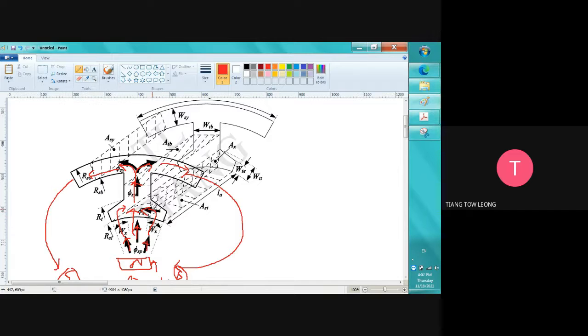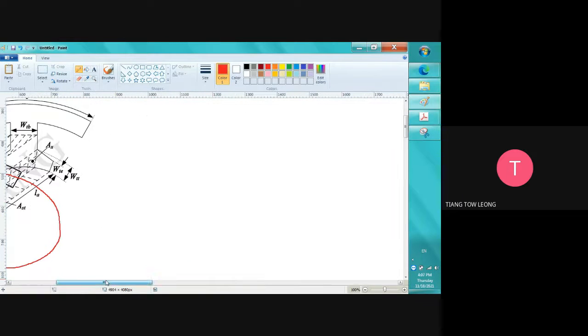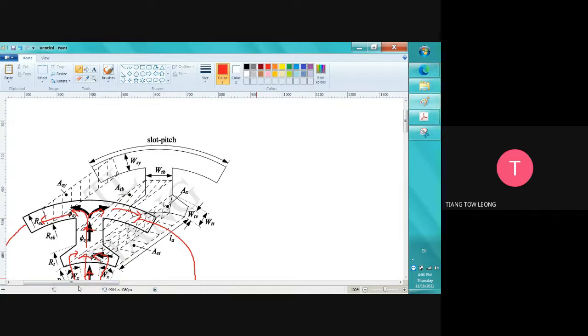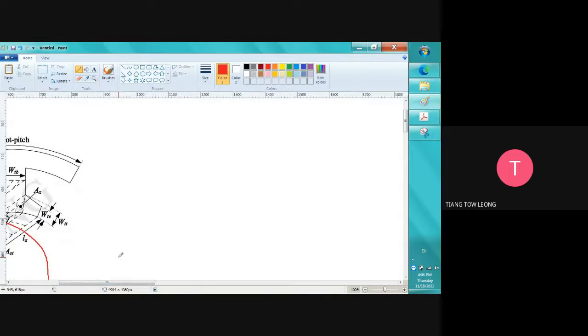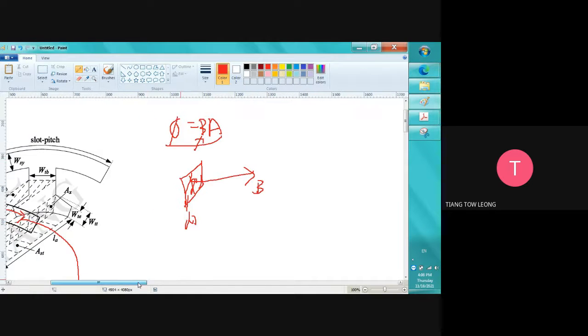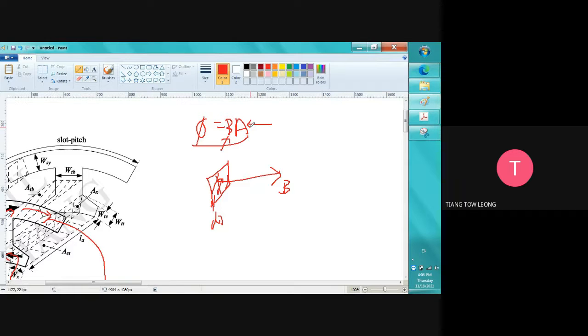Why do we say so? Because the flux, oh yeah, I forgot to introduce this. In this analytical modeling, we only use phi equals B times A. Remember that B must be 90 degrees to the area. Let's say this is the area. It must be 90 degrees. We only use this, and from here we need to know how to find the area.